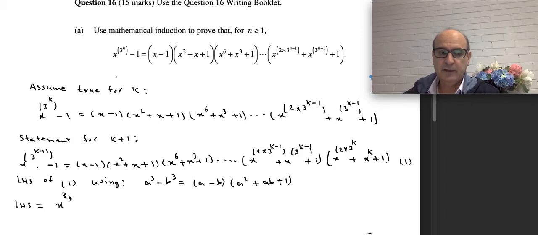I can write it as 3 times 3 to the power of k. That power can be written in that form because 3 means 3 to the power of 1 and I'm adding them, so I add the powers. Minus 1, then I can rearrange this like that, x to the 3 to the k, to the 3.